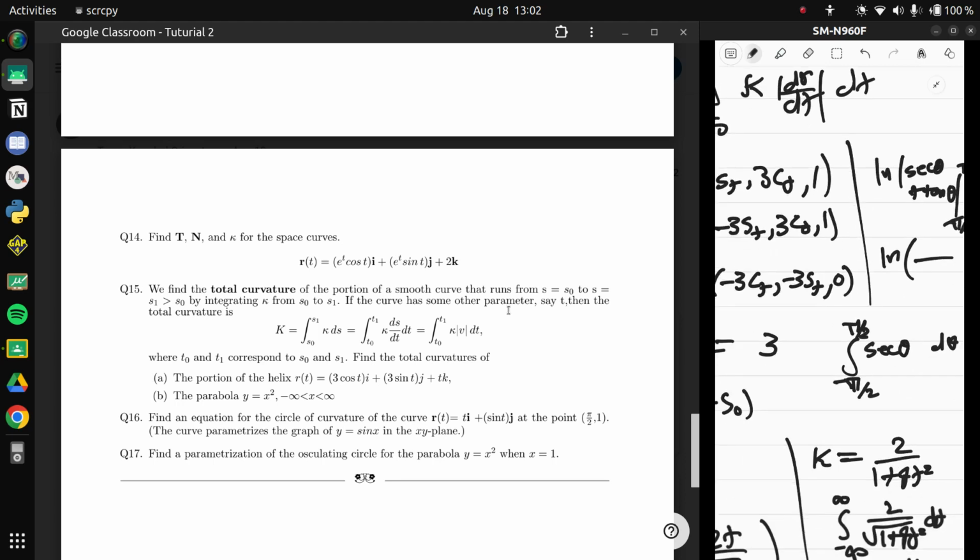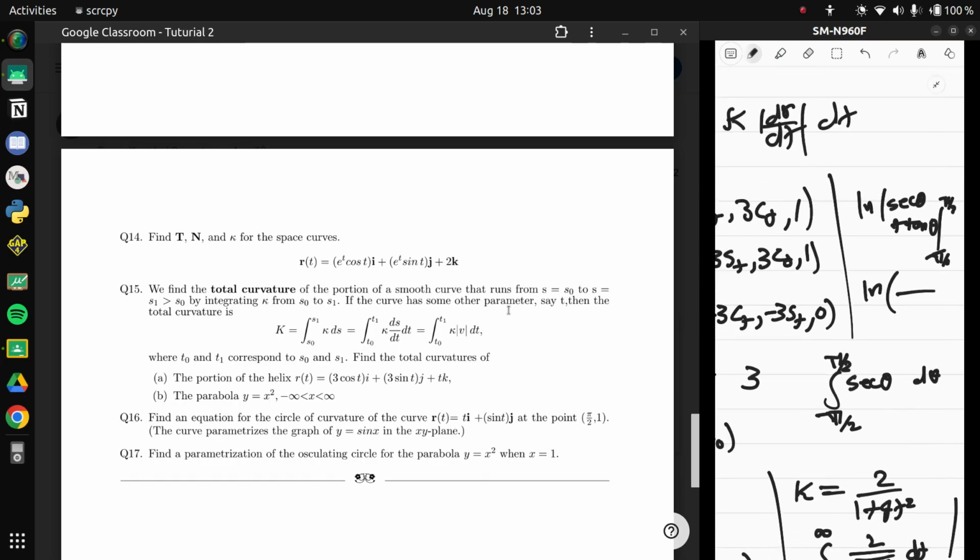I mean, it's already a divergent thing, isn't it? At pi by 2, cosine theta is becoming 0, not a good look. We'll have to do some limiting case and all that.